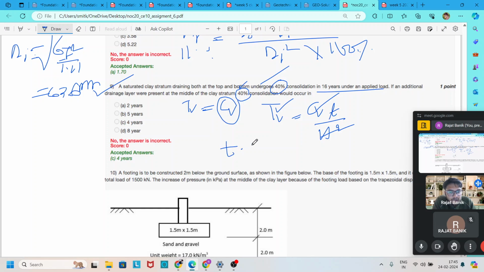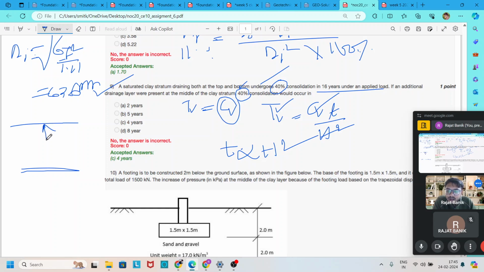So time is proportional to the square of the thickness of the layer. In our case, one clay stratum is present, and it is draining both ways.